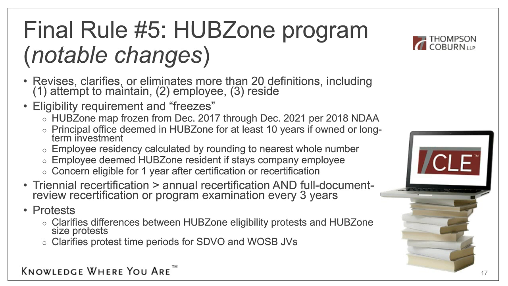And really, a long-term investment, SBA explained, meant a lease was maintained or, again, a property was owned. So this principal office change, or freezing of things, occurred following some commenters' recommendations after the proposed rule.